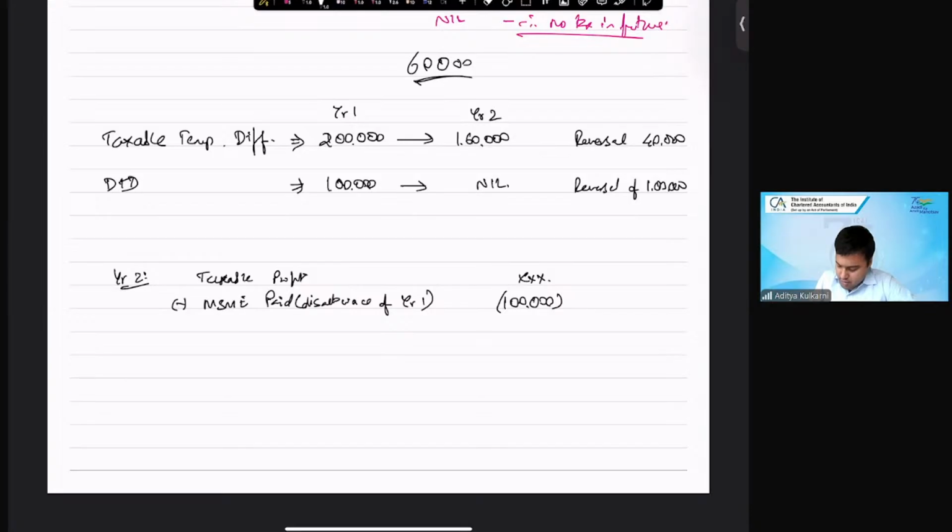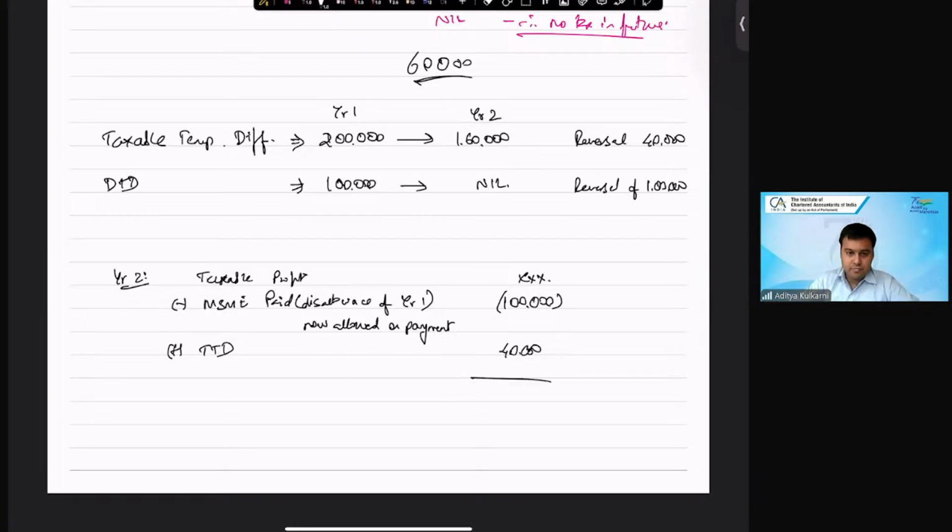So 1 lakh, add taxable temporary difference. Sorry, not 60,000, it is 40,000. 40,000 is reversing.